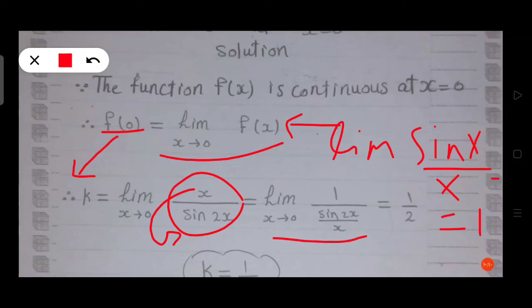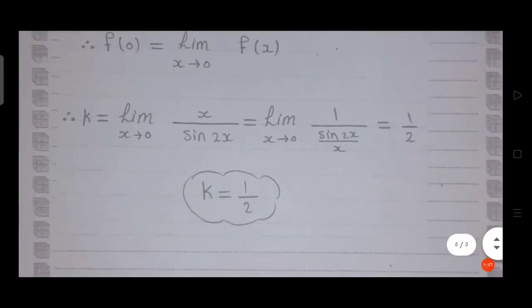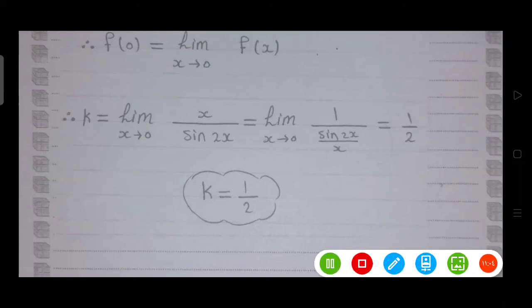The limit as x tends to 0 of 1 over sine 2x over x: the limit of x over x is 1, and sine 2x over x is 2. So we can show that the limit gives 1 over 2. Now the value of k is 1 over 2. That's all for the continuous function. Good luck.